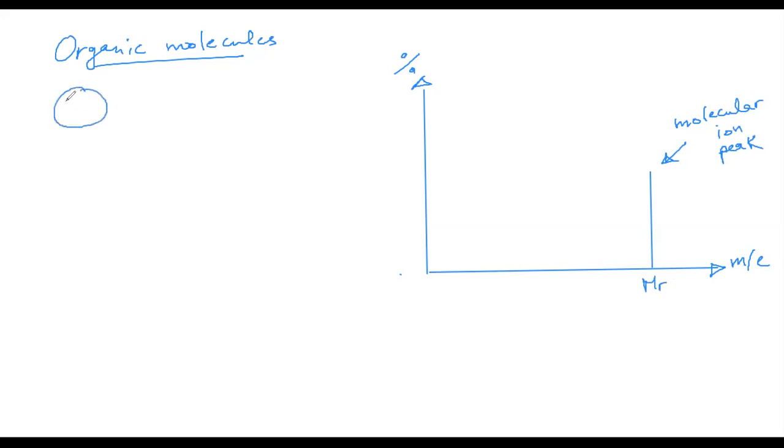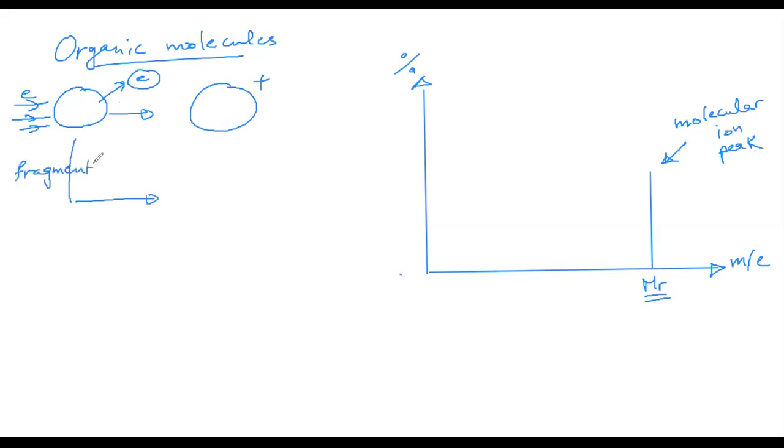So our molecule is subjected to beams of electrons, and at the first step, we get our molecule positively charged, and this gives us its molecular mass. But then this molecule, upon subjection to more electrons, is going to be fragmented. Fragmentation will take place for this organic molecule, and we get two simpler species.